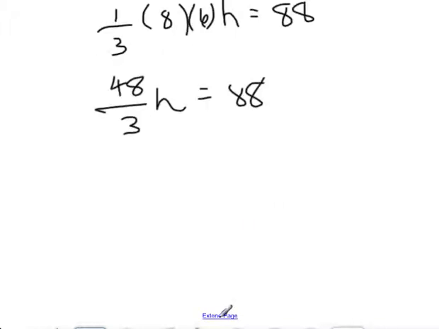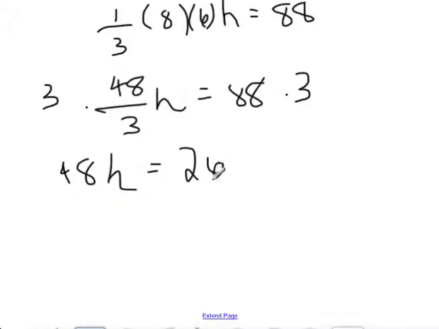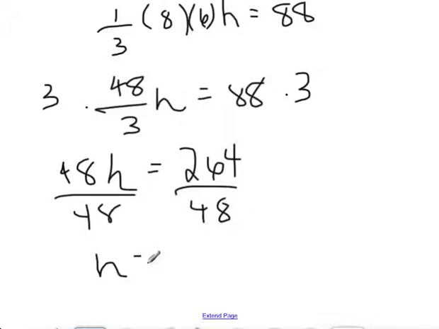Then I want to get that divided by 3 over to the other side, so I'm going to multiply both sides by 3. So then I get 48h is equal to 88 times 3, which is 264. Then I need to divide both sides by 48, and I get that h is equal to 5.5.